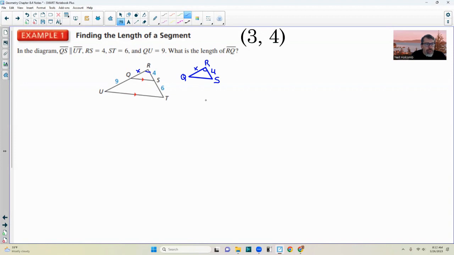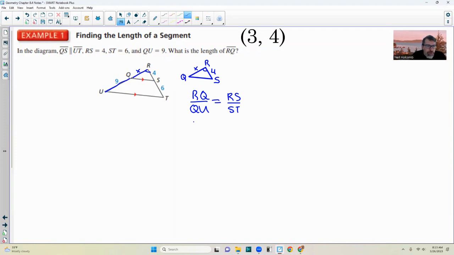So what you want to do is compare what you're trying to find, RQ. We're going to say RQ is to QU, so we're taking this piece over this piece, equals RS over ST. Once we do that, we just substitute our givens.